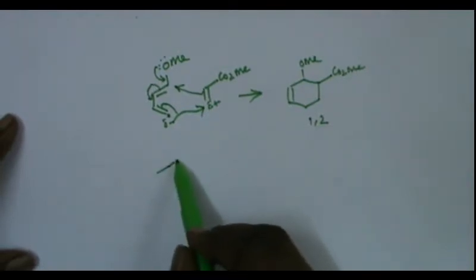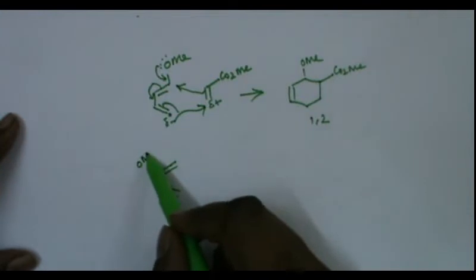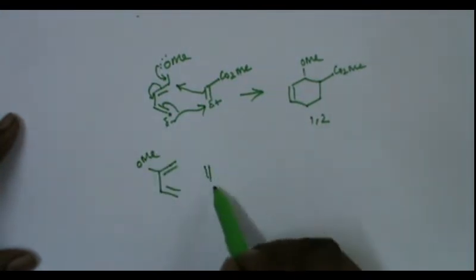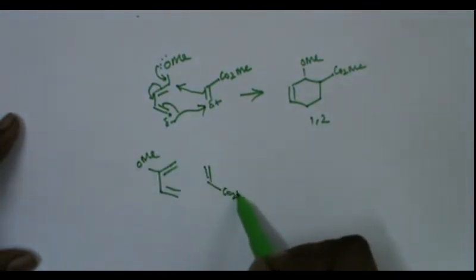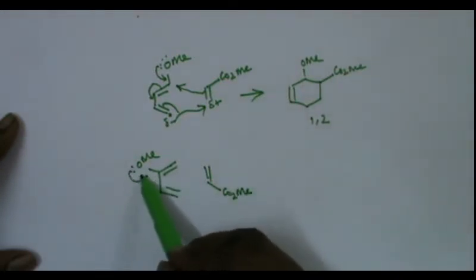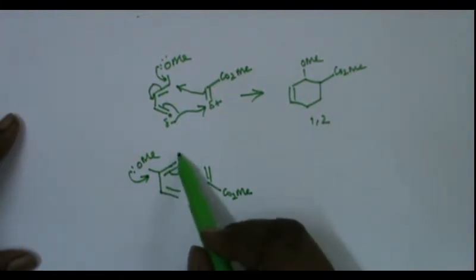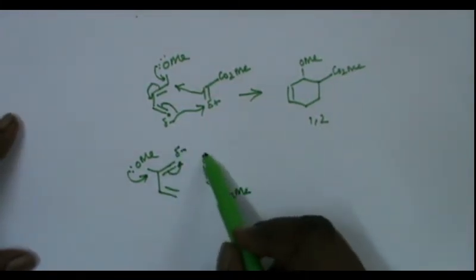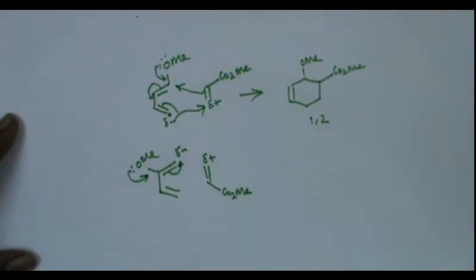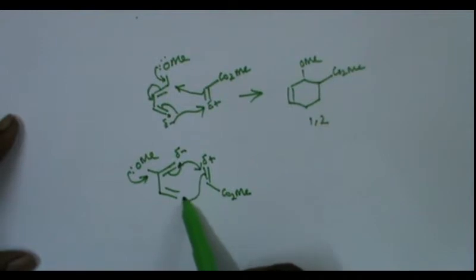When we go for another one, if the substituent is here, this lone pair of electrons comes down and this carbon becomes electron rich and this carbon is electron deficient. So a bond is formed first between these, then it attacks here.